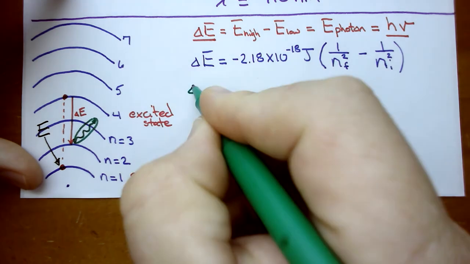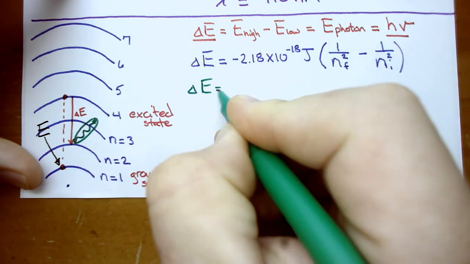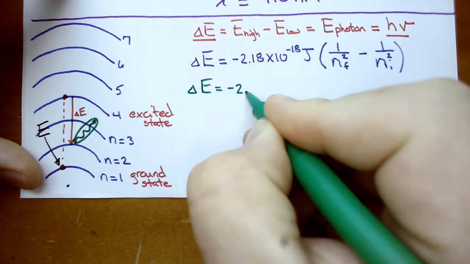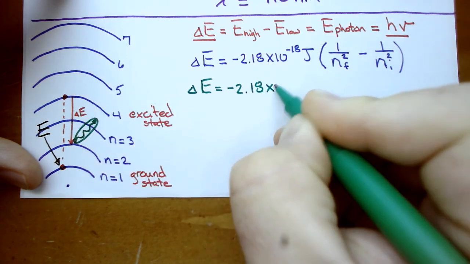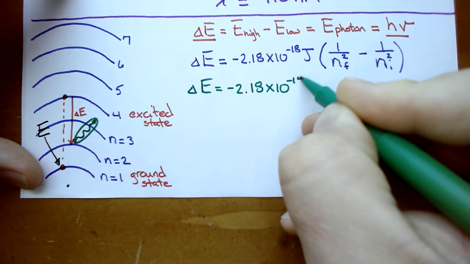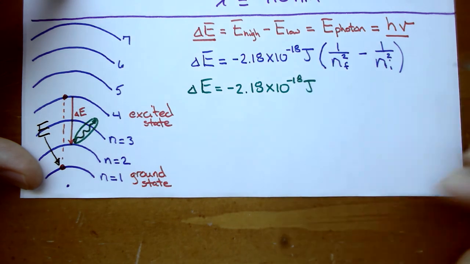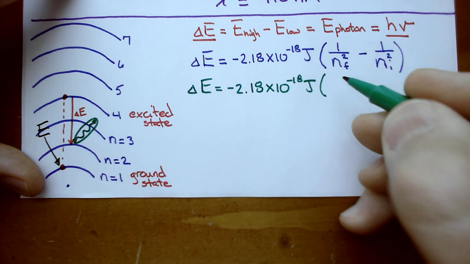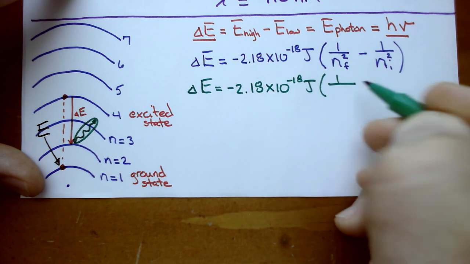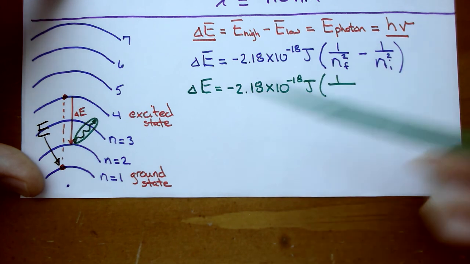So let's do E equals a negative 2.18 times 10 to the negative 18 joules times 1 over, now it dropped from energy level 4.